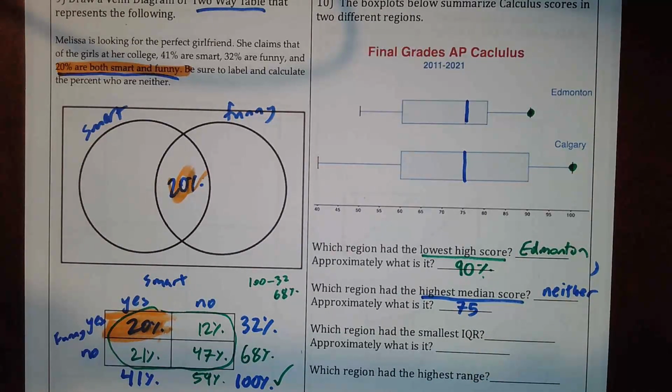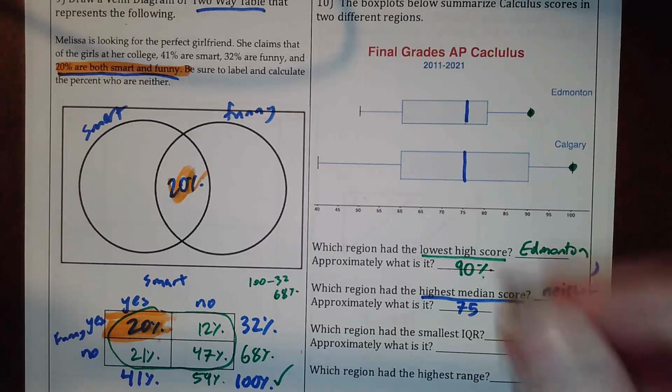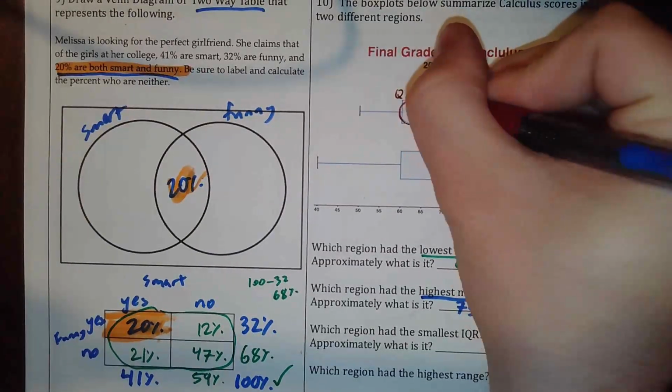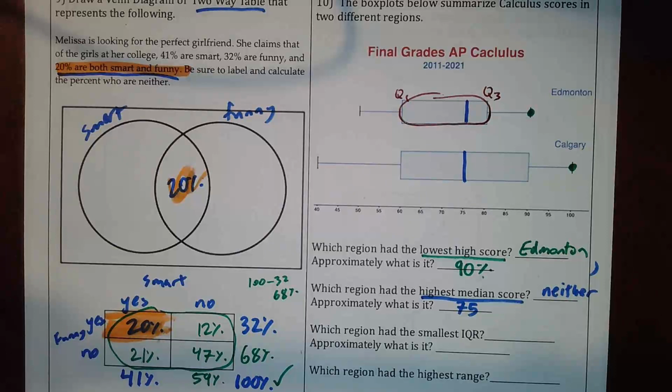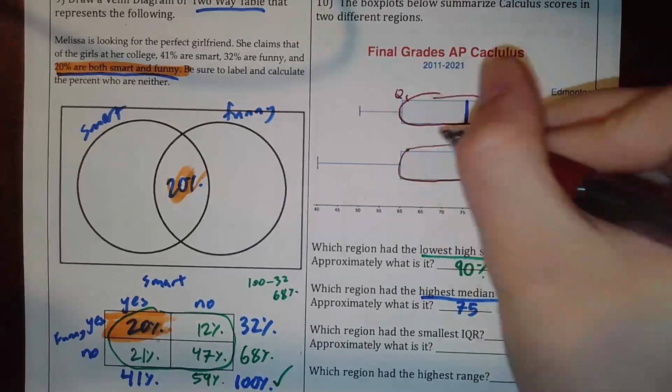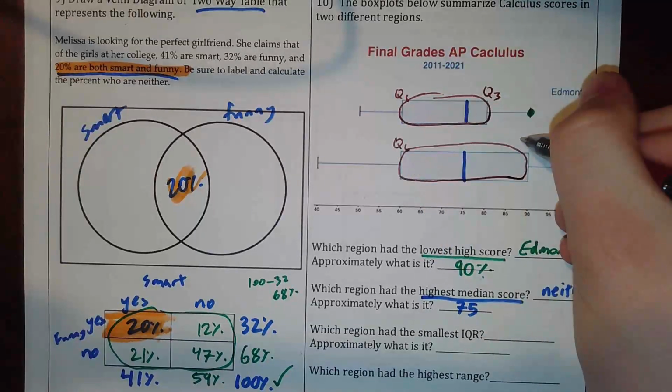Which region had the smallest IQR? If we're looking at IQR, we're looking at how far apart Q1 is from Q3. How wide is the box?